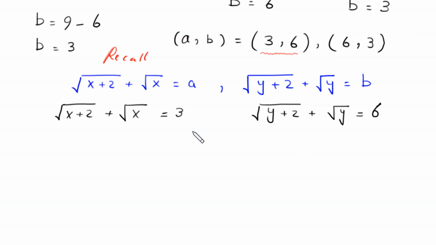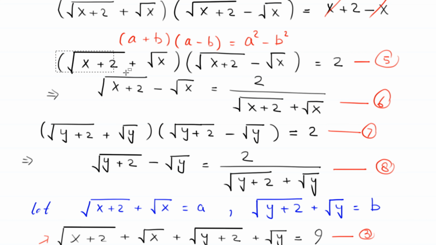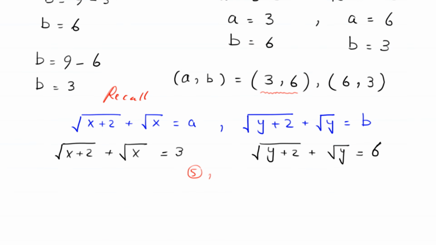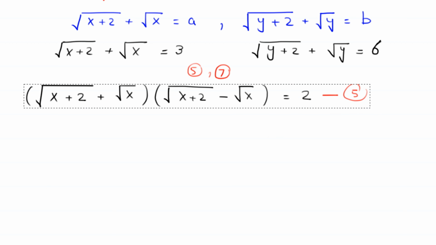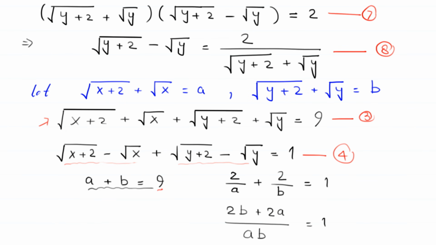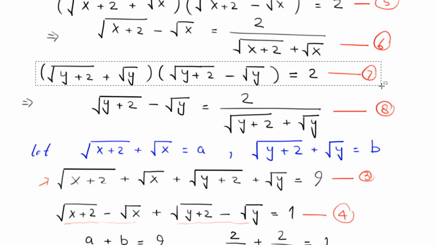Now we recall equation number 5 and 7. This is equation number 5: root x plus 2 plus root x times root x plus 2 minus root x is equal to 2. And equation 7 is root y plus 2 plus root y times root y plus 2 minus root y is equal to 2.